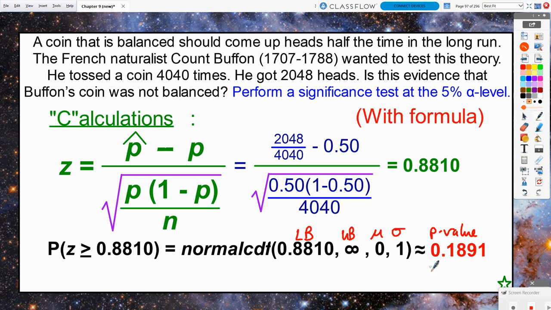Since this is a two-sided test, I need to multiply this by 2, and I always say times 2 tails because there are two tail ends here. This 0.1891 represents one of my tails, but I need a second tail. So the two-sided p-value is approximately 0.3782.